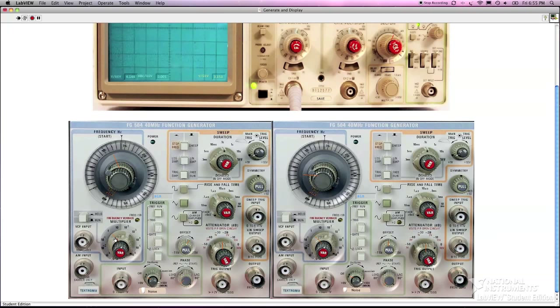You have a multiplier down here that multiplies it by 10 to the 0, 10 to the 1, 10 to the 2, 10 to the 3, and I didn't go higher than that because I didn't want to increase the sampling rate too much on the oscilloscope, because it takes resources.